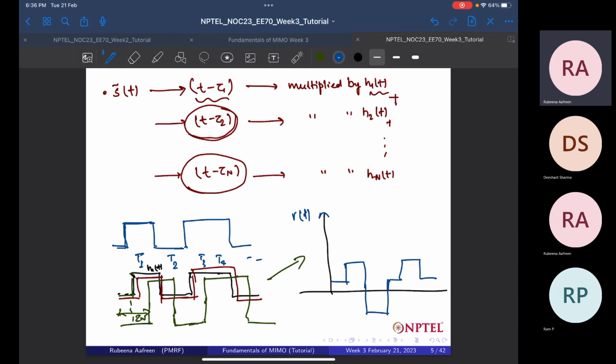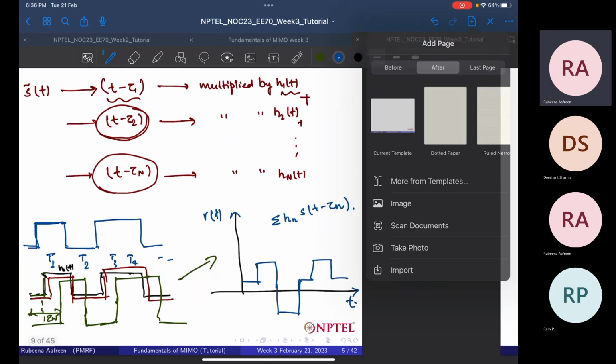This is r(t), and this is the summation of h and s(t minus τ). So this is the total multipath model. From here some assumptions we will take and then we will go to flat fading.